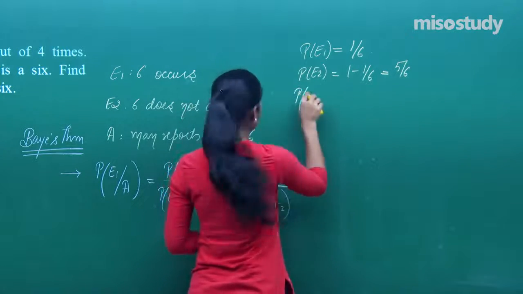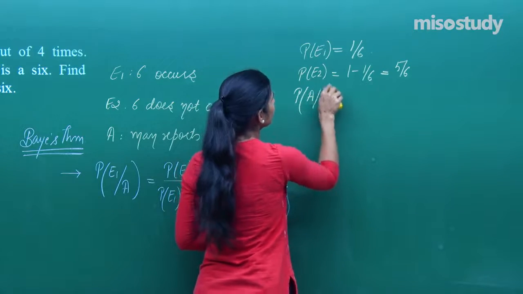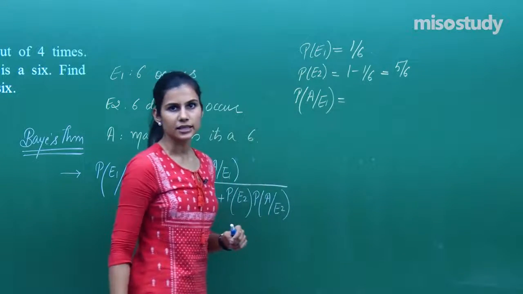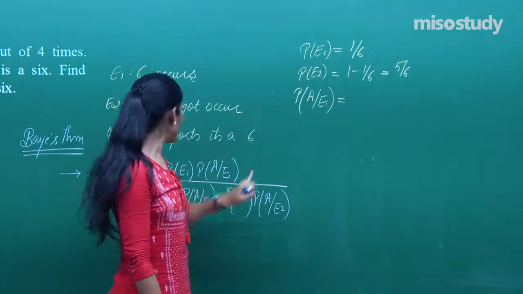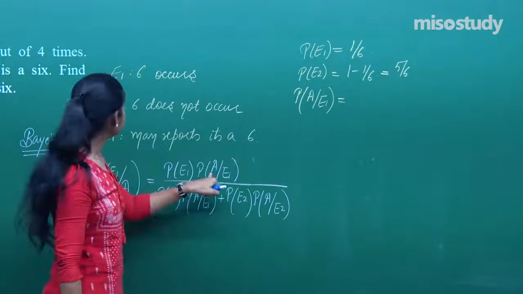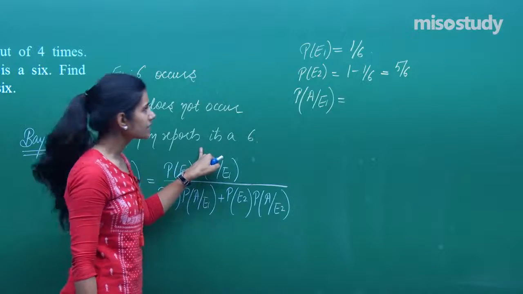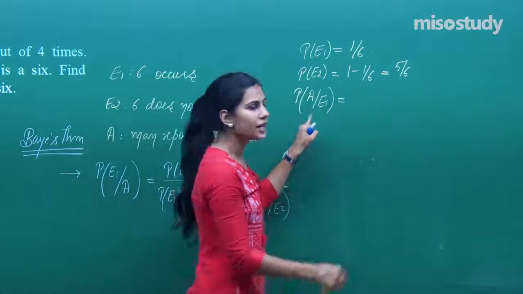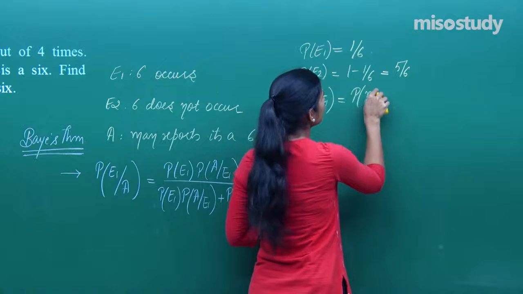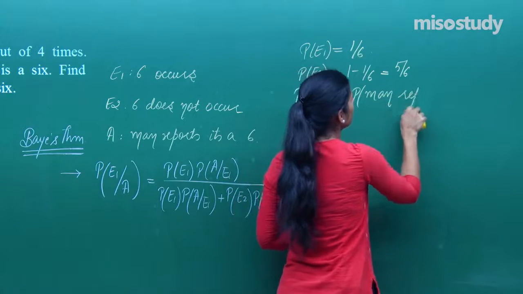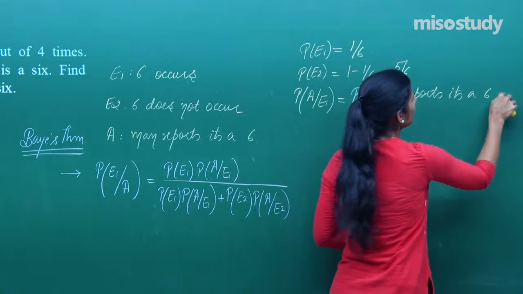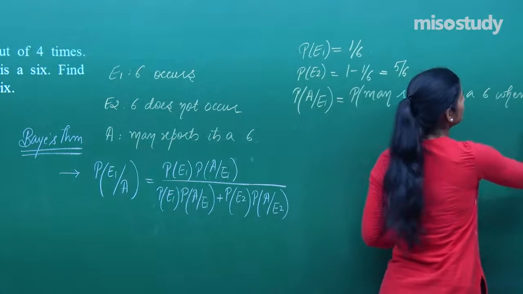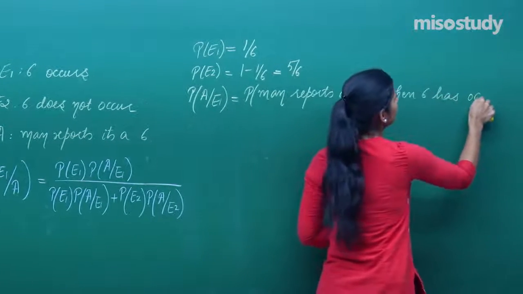What is probability of A by E1? Try to understand this event very nicely. Probability that the man reports it's a 6 when 6 has already occurred.